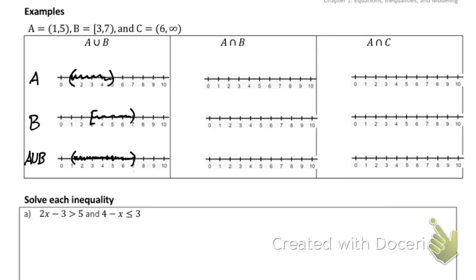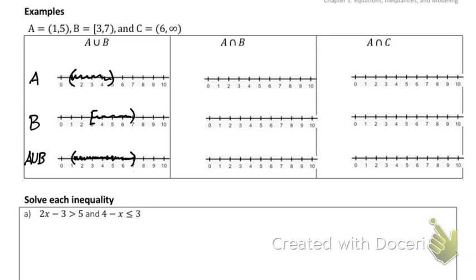So when I add these two things together, we get one big set that goes from 1 to 7. If there's ever a gap, sometimes you have to put a union on it. Let's say this went from 1 to 5 and this went from 7 to 10. You'd have to go 1 through 5 and 7 through 10. So sometimes you have to break that apart.